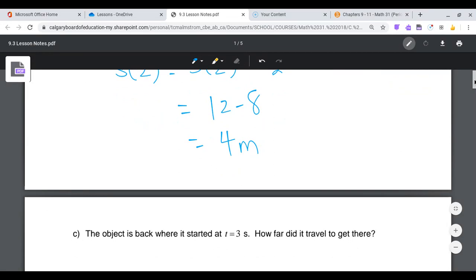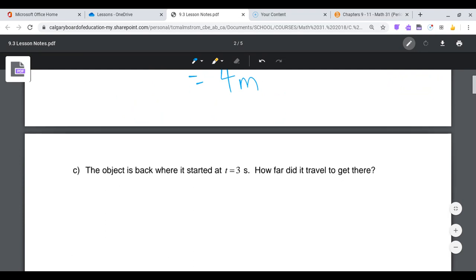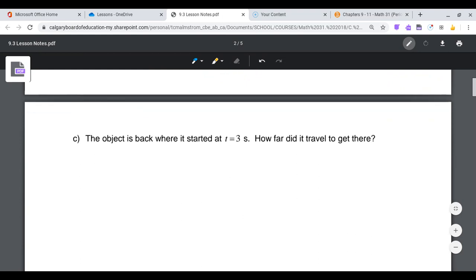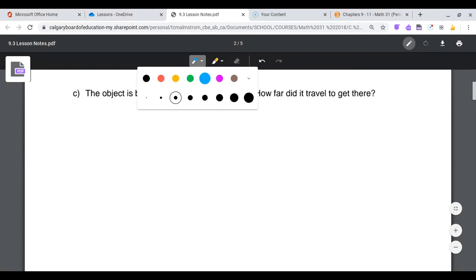The object is back where it started at time 3 seconds. How far did it travel to get there? Okay, so is there a way we can do this with some logic as opposed to having to work through our calculus pieces? So let's think about this. What do we know from what we've done already?